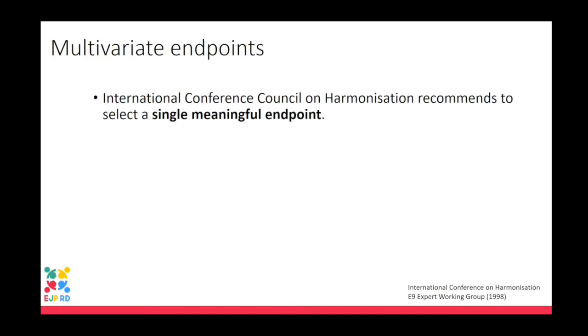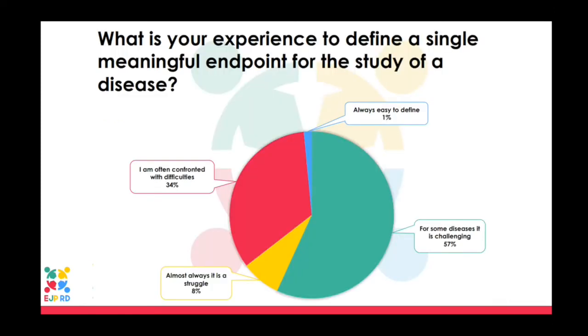What is actually recommended by the International Council for Harmonisation is that if you want to run a clinical trial, then it's best to find a single meaningful endpoint. Now, as very nicely illustrated by you, in fact, that's not always easy to define. And that may be for various reasons.